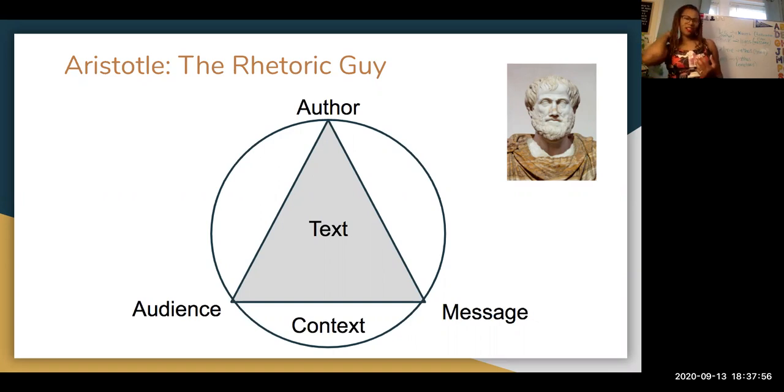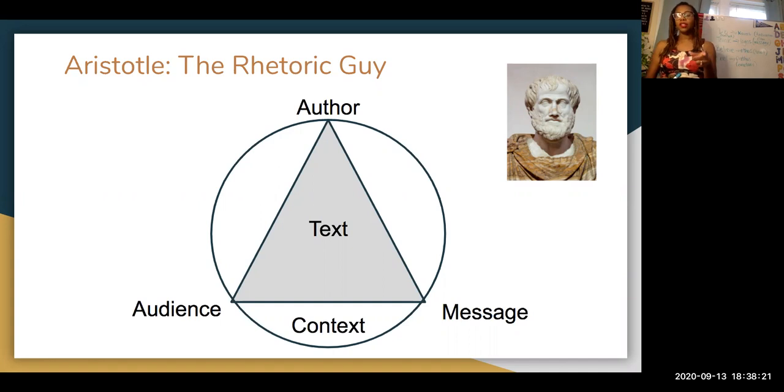If I'm a liar, then why would anybody believe anything that I have to say, right? So author is connected to our ethos appeal. Message is connected to logos appeal. So logos is all about logic and reasoning. So having that nice, clear message, you have to use all different types of strategies to make sure that your audience completely understands what you're talking about.